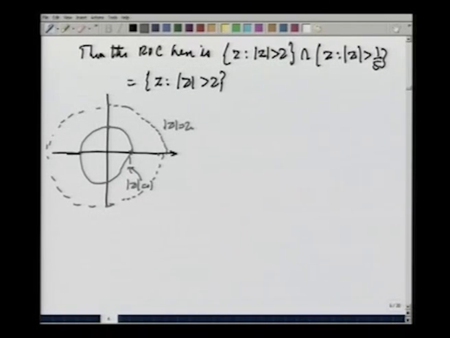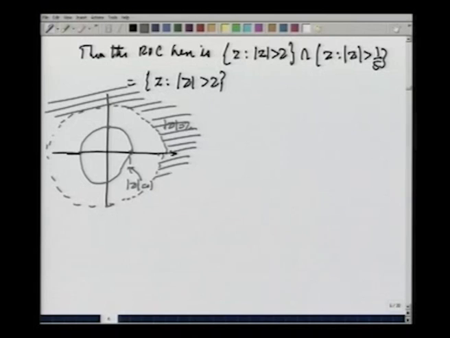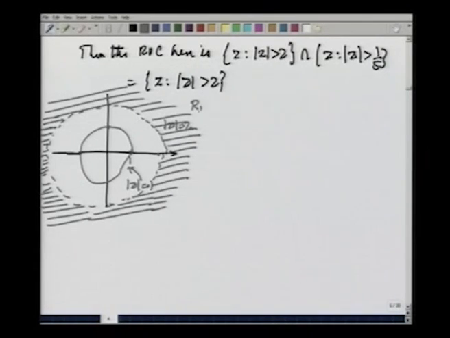The ROC for the second expression extends beyond this, not for the second expression, for the first expression, x1, which is therefore called R1. So this is for R1.